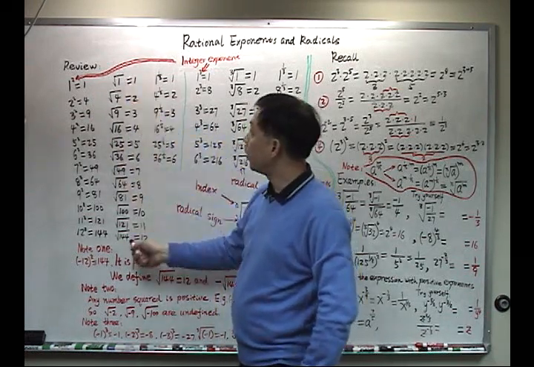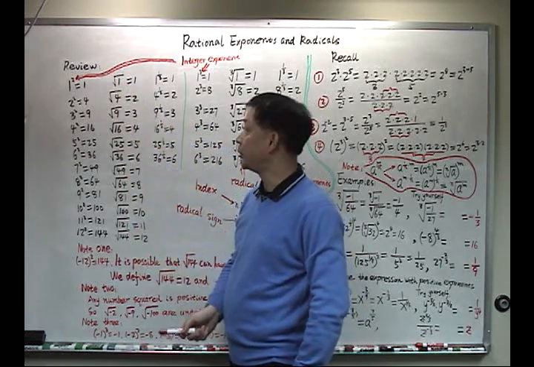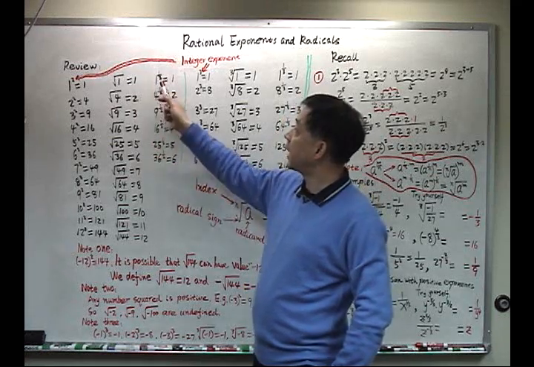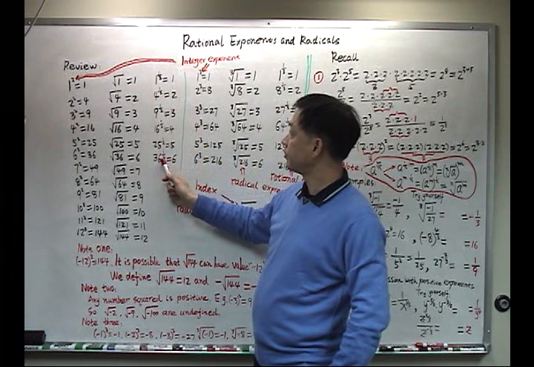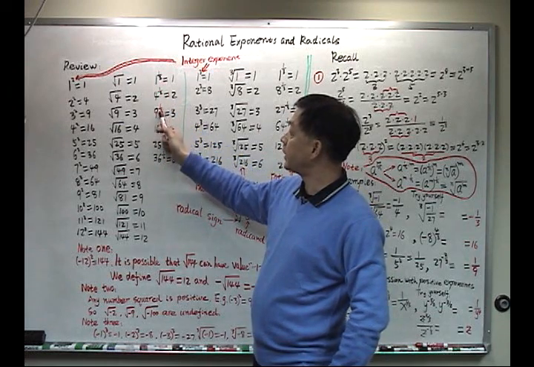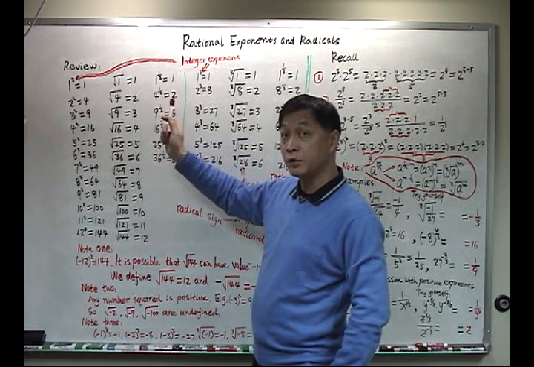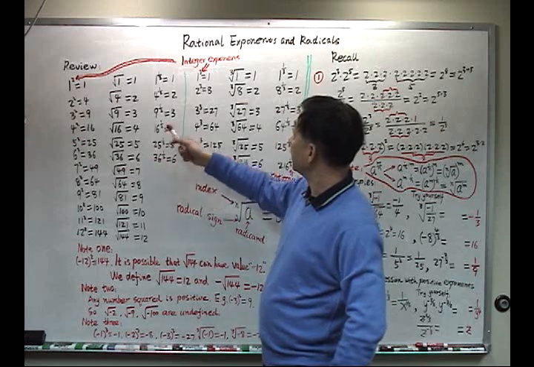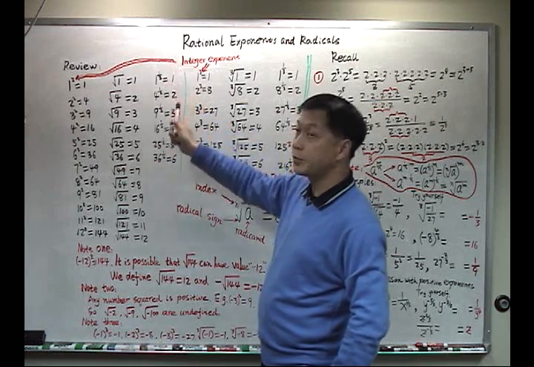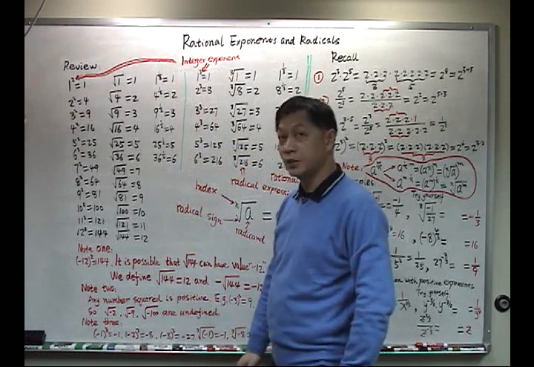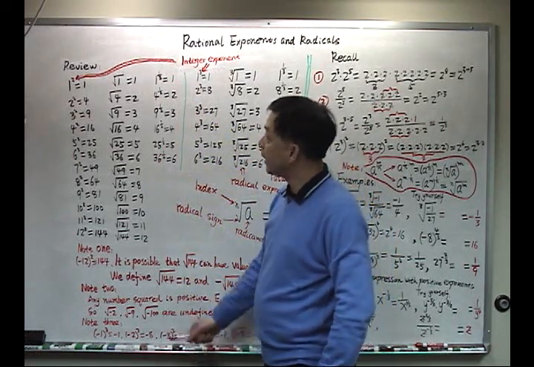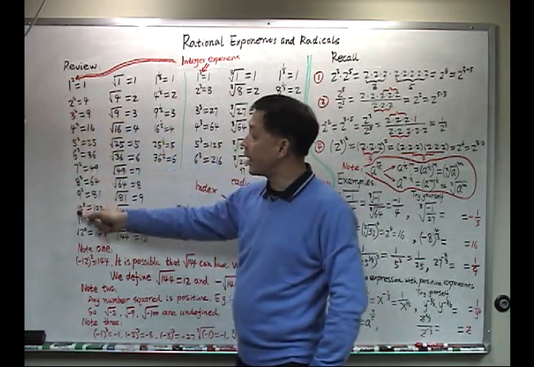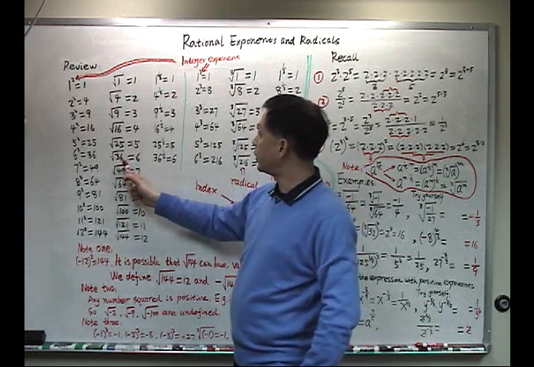This column is called radical expressions, radicals. And in this column, you see on the shoulder there are numbers. This number right here, 1/2, is a rational number. So this is an expression with rational exponents. If you want to go back from the right-hand side to find out the left-hand side, you can do it by radical expression.